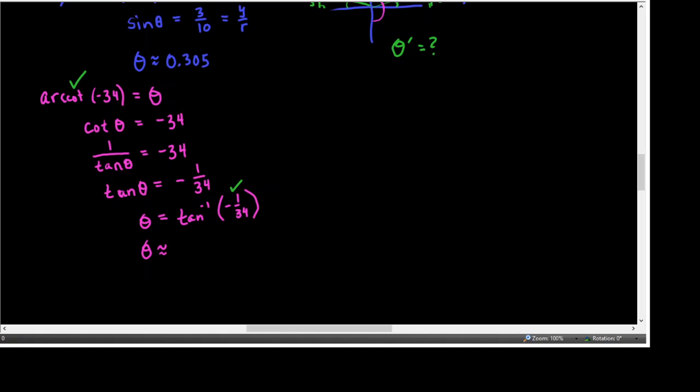And that's very important to know. All right, so we type that in our calculator, and we get negative 0.029.